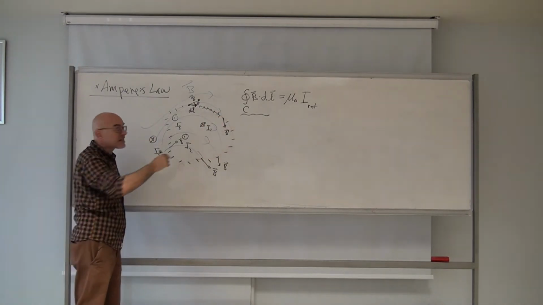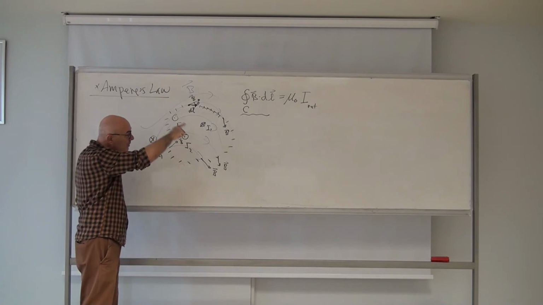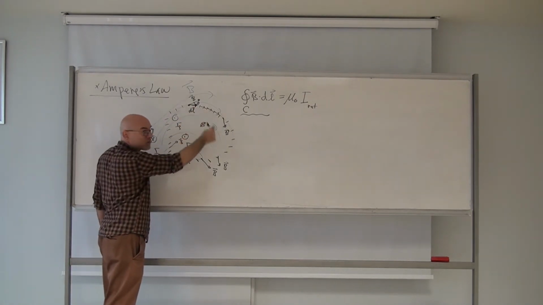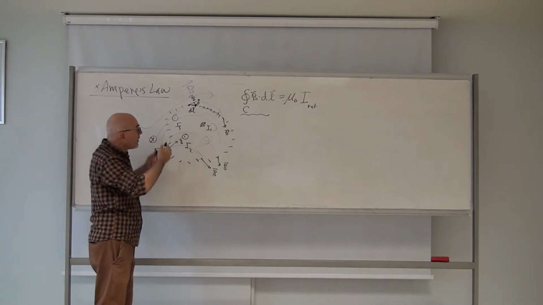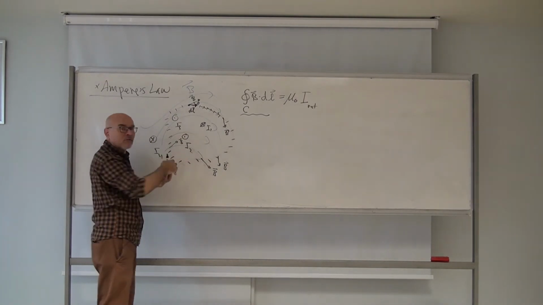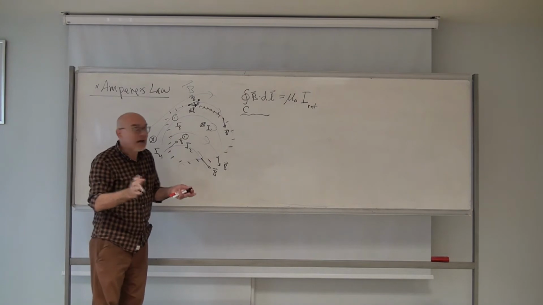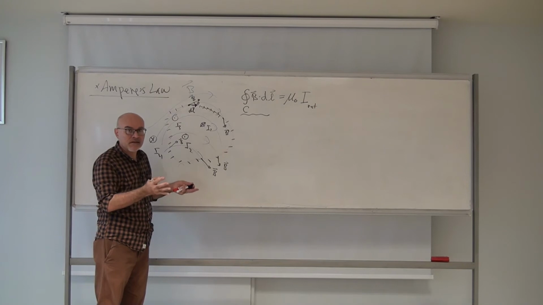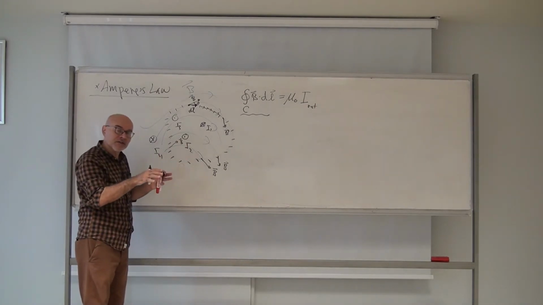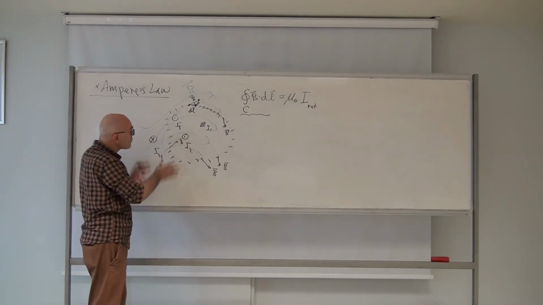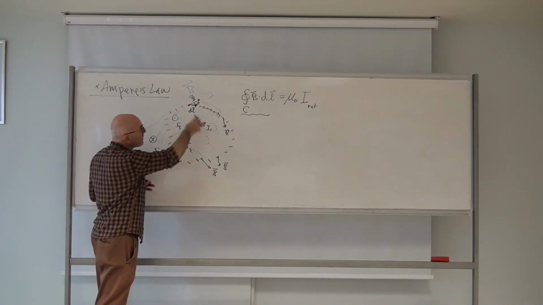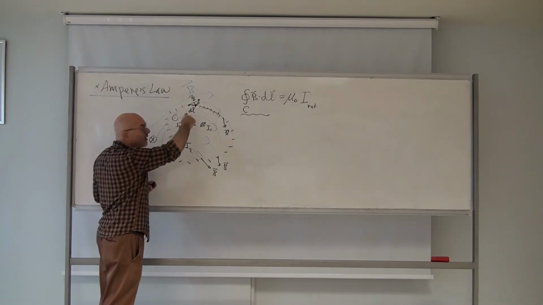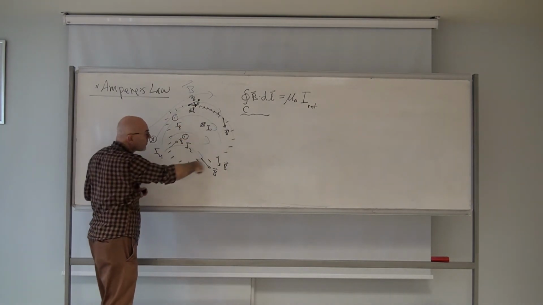So what I'm doing is choosing a direction to traverse the loop by choosing the direction of the vectors dl. Should it be clockwise or counterclockwise? It's completely arbitrary. Ampere's law is independent of what choice you make, okay? But once you make a choice, remember that choice, because this is important. So assume that in this case dl is this way, so I will be traversing the loop in the clockwise direction.